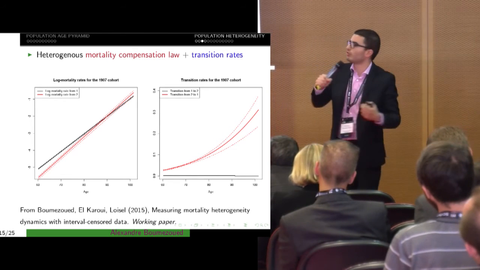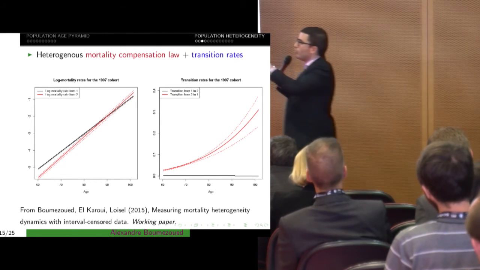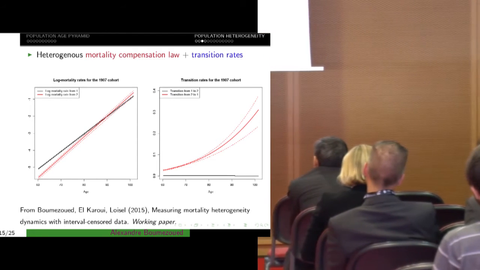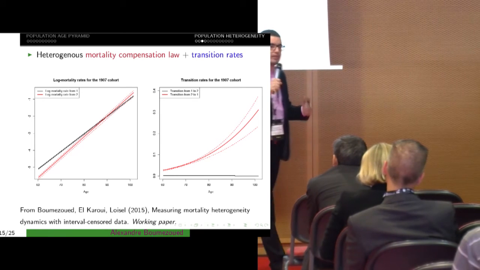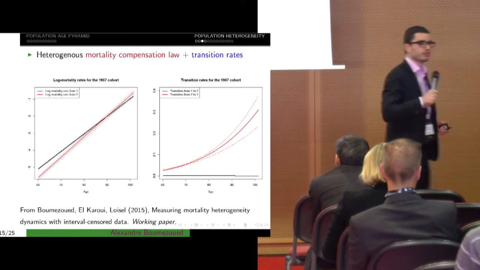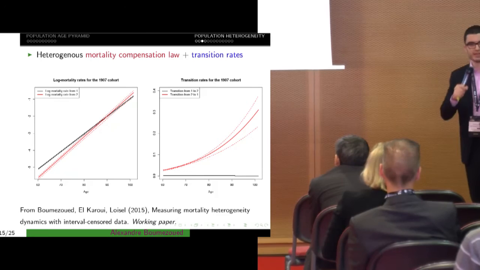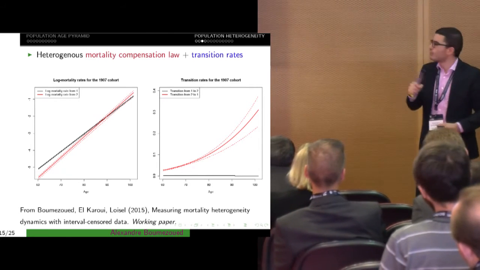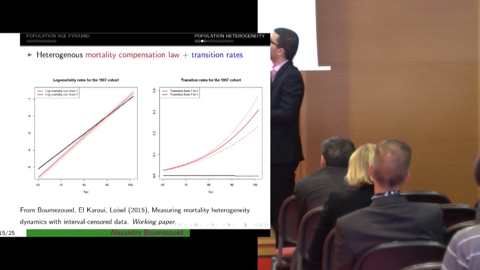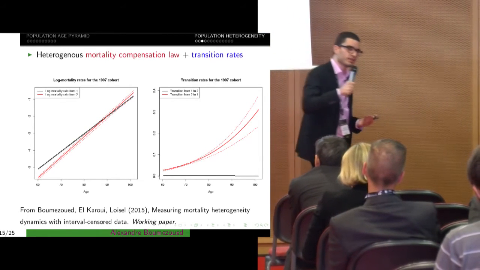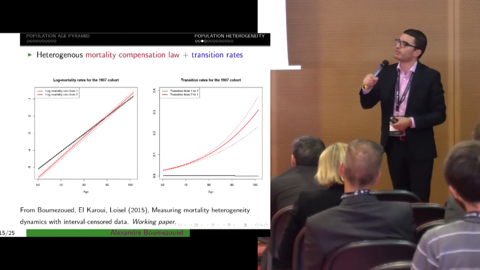Now let us capture the mortality forces. On the left, log mortality forces, in red for married people and in black for non-married people. And they cross. When we saw that, we were a bit afraid. But in fact, it is quite a well-known demographic fact, called the mortality compensation law.